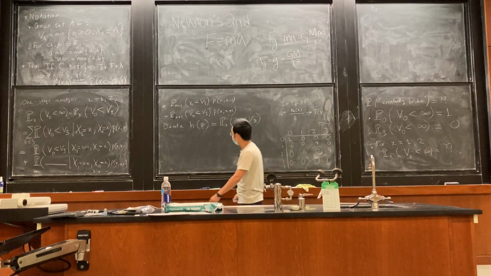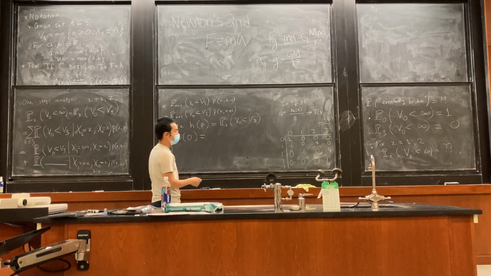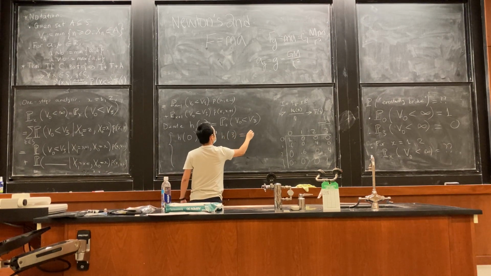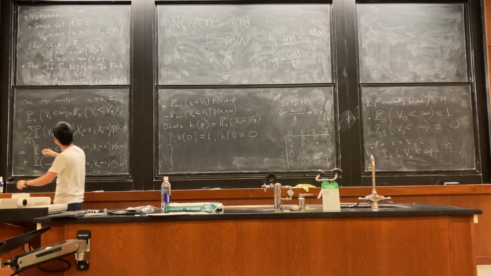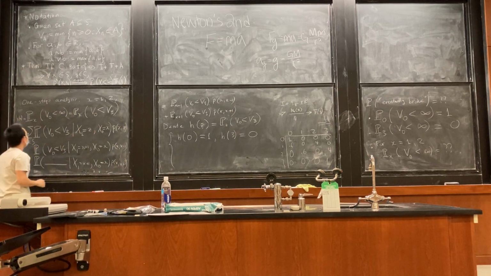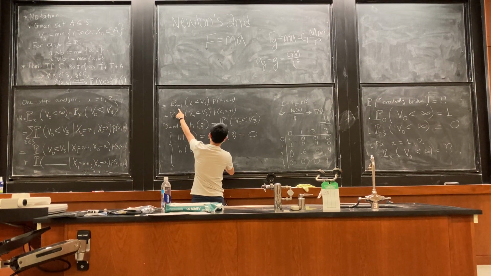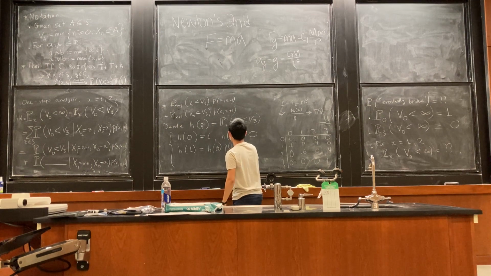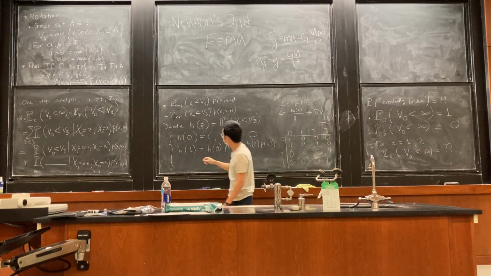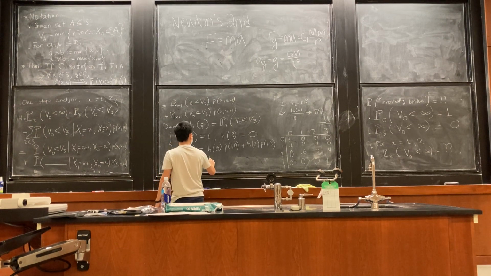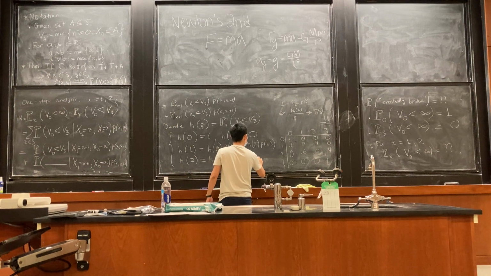And I arrive at the following system of linear equations. h of 0 is 1, h of 3 is 0, and how about h1? h1 is equal to h0 times p10 plus h2 times p12, and similarly, h evaluated at 2 is go down to 1, p21, or go up to 3, p23.